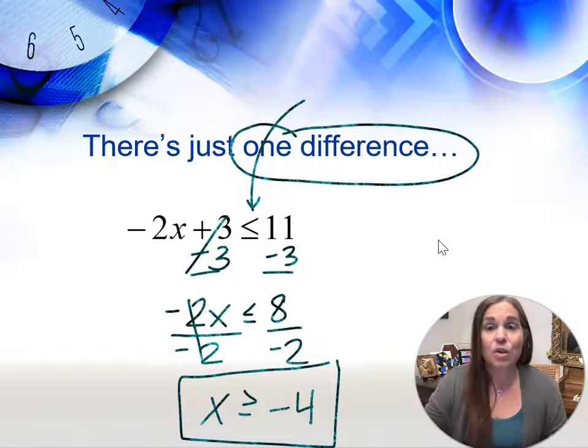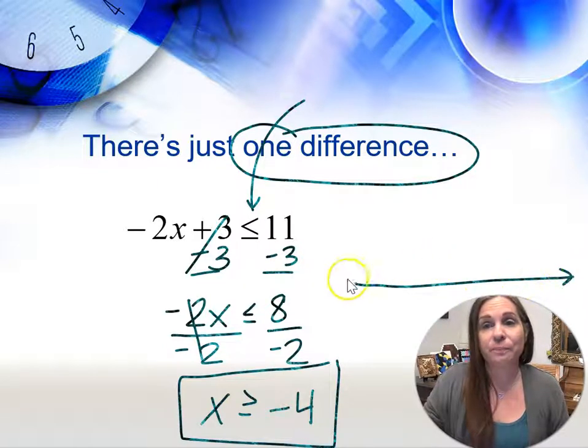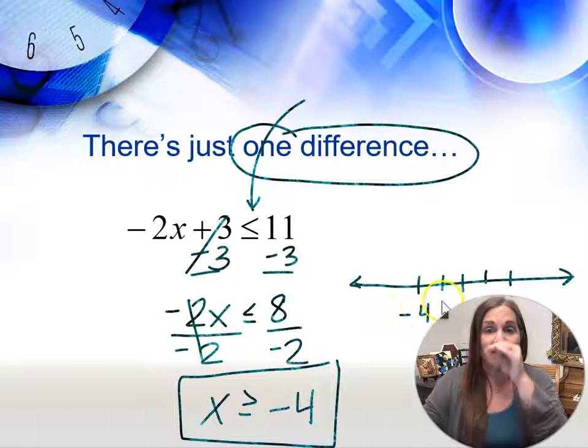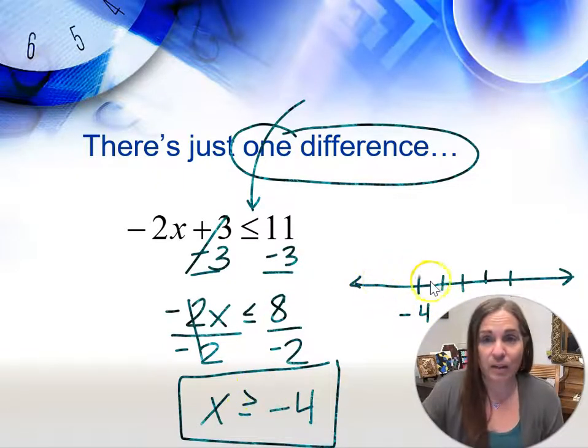So the solution contains all of the numbers that are equal to or greater than -4. The way that you would show this in a number line graph is I'm going to put 0 on my number line graph, and then I'm also going to put -4. And the solution is all of the numbers that are either equal to -4, so I'm going to shade in a dot on -4, or bigger.